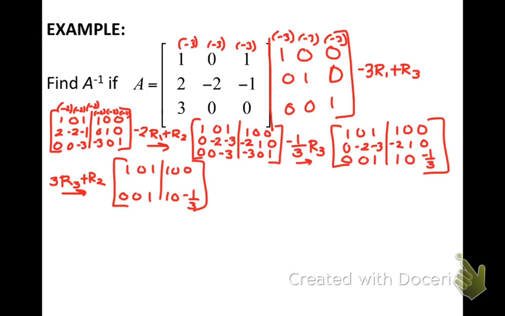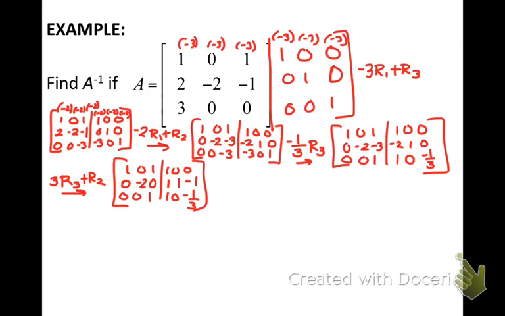Well, 0 times 3 is 0 plus 0 is 0. 0 times 3 is 0 plus negative 2 is negative 2. 3 times 1 is 3 plus negative 3 is 0. 3 times 1 is 3 plus negative 2 is 1. 3 times 0 is 0 plus 1 is 1. 3 times negative 1/3 is negative 1 plus 0 is negative 1.